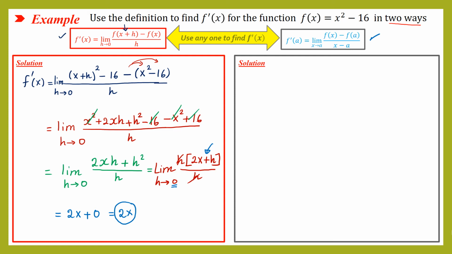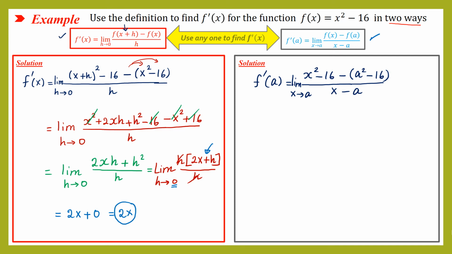So we have f prime of a equals f of x, which is the same function, x squared minus 16, minus f of a, which is a squared minus 16, divided by x minus a when x goes to a.